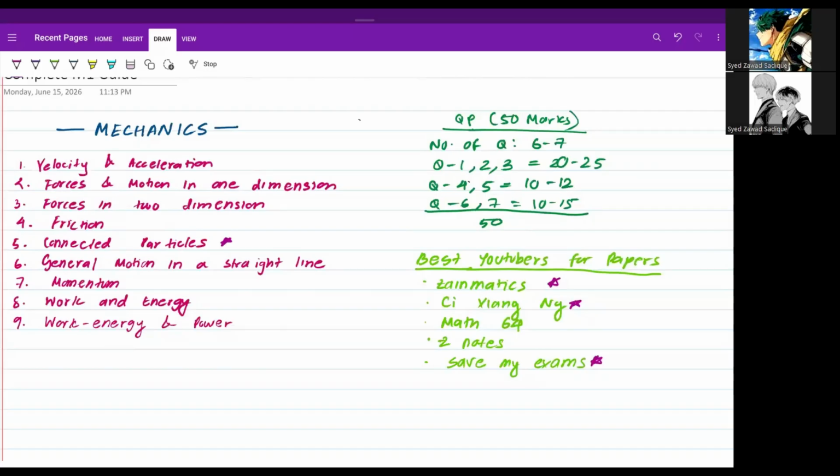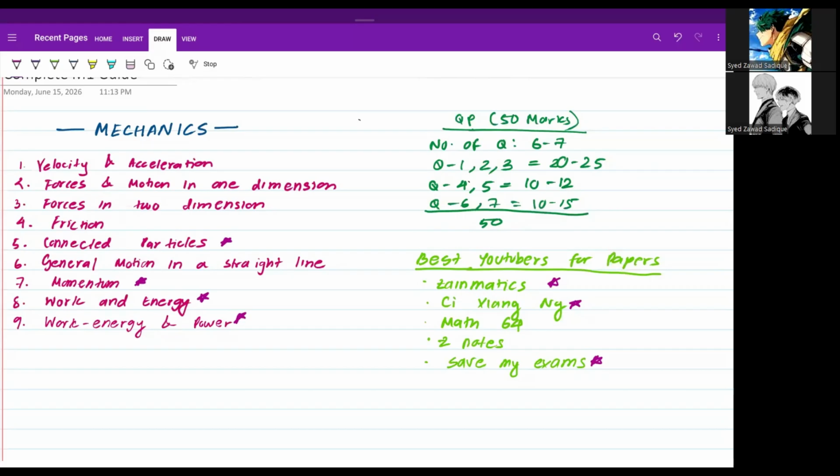General motion in a straight line is fine. Momentum, work and energy, and work, energy and power. The thing about momentum, work, energy and power is that it varies from year to year.